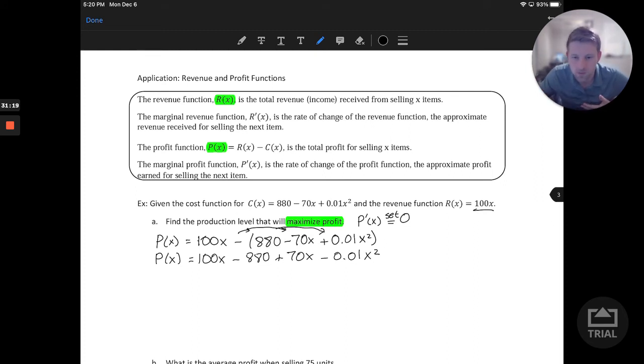Now, just to clean this up, I like putting my leading term, the highest exponent term, first. So we have the P of x function written one more time. We have the negative 0.01x squared. The 100x and the 70x become just 170 times x, and then we'll have a negative 880 as a constant.